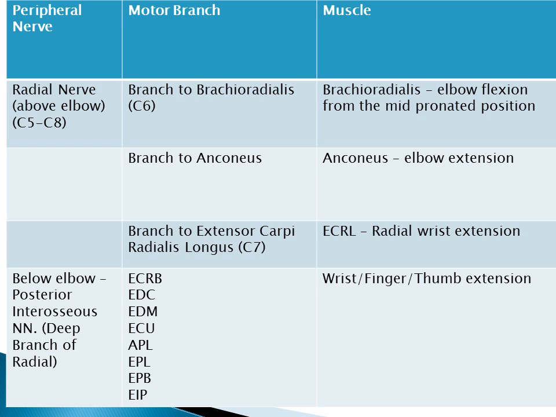So when we begin to see a nerve root lesion at C6, for example, with a herniated disc at C6-C7 or C5-C6, then we start to see some loss of function of the brachioradialis muscle. We start to notice some weakness in elbow flexion when the hand is in a mid-pronated position.